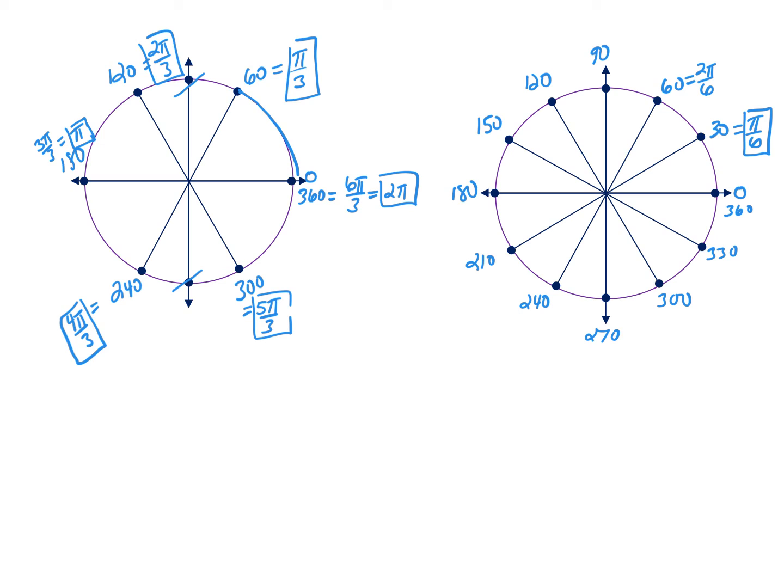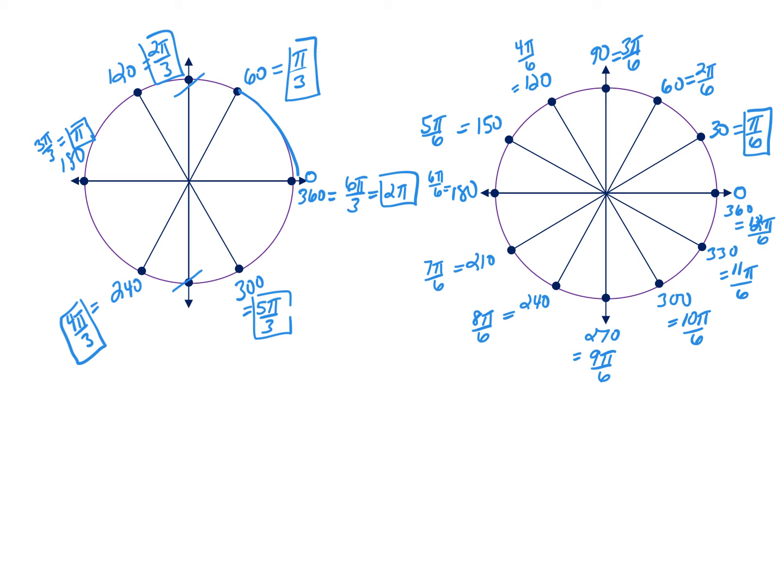We're going to come back and reduce that in a second. 90 would be 3 pi over 6. 120 is 4 pi over 6. 150 is 5 pi over 6. 180 is 6 pi over 6. 210 is 7 pi over 6. 240 is 8 pi over 6. 270 is 9 pi over 6. 300 is 10 pi over 6. 330 is 11 pi over 6. And finally, 360 is 12 pi over 6.